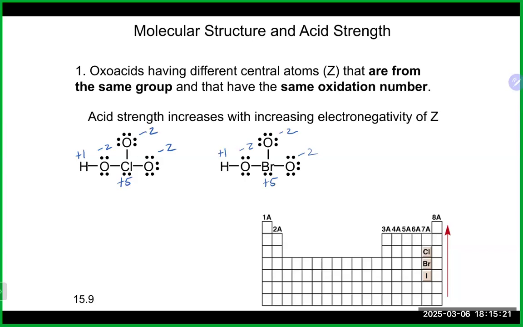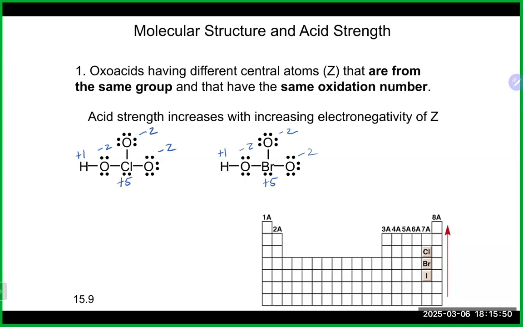In this case, because they're hooked up with the oxygen, the difference in electronegativity makes those electrons shared very unequally, and the halogen actually takes on a more positive charge, and that's why it gets to a +5. So clearly the central atoms here, chlorine and bromine, both have the exact same oxidation state, which means you can't use that to determine the difference between them because they're exactly the same.